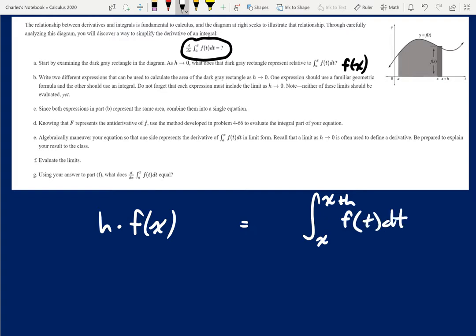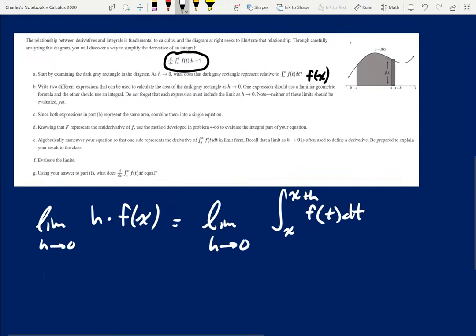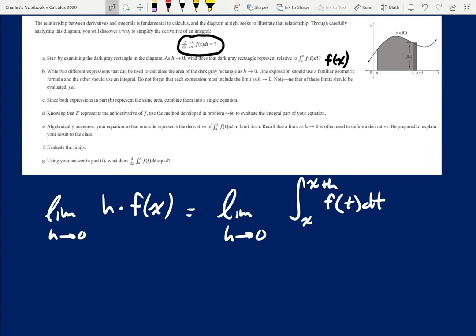And now what they're telling me is I want to evaluate both of those as the limit of h approaches 0. And then I guess I took care of part C.